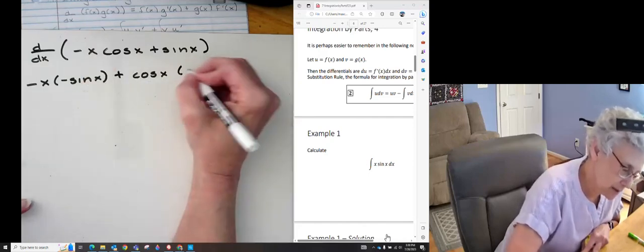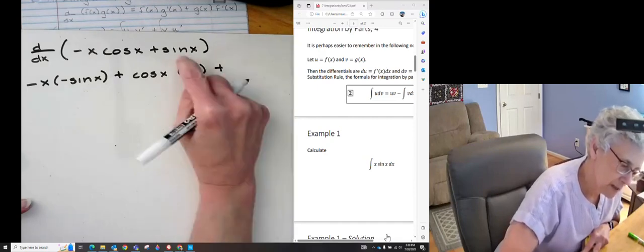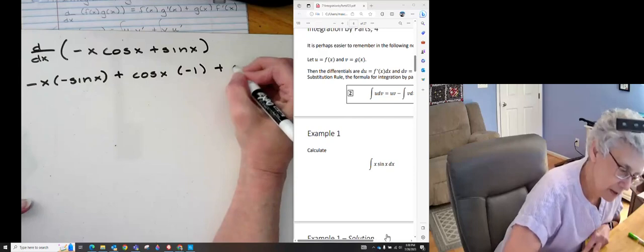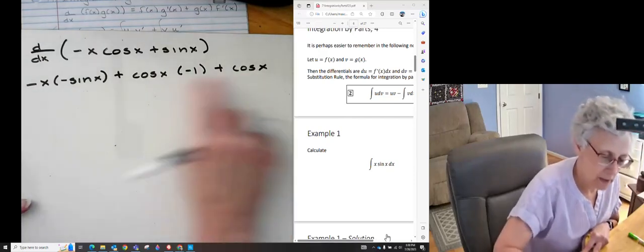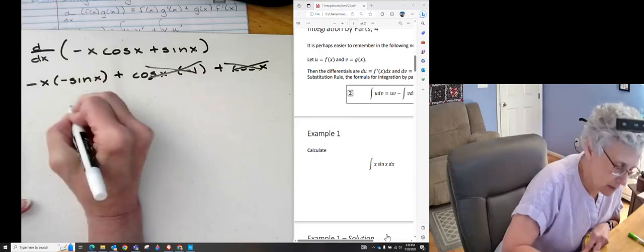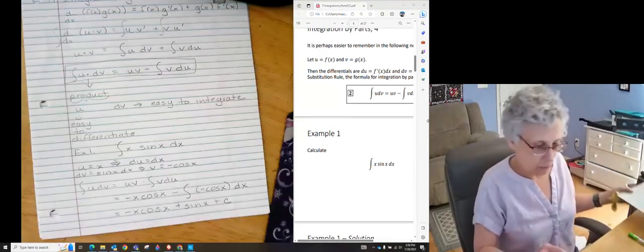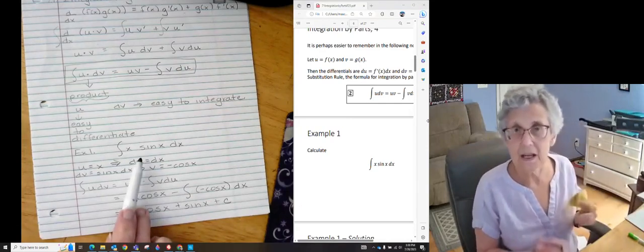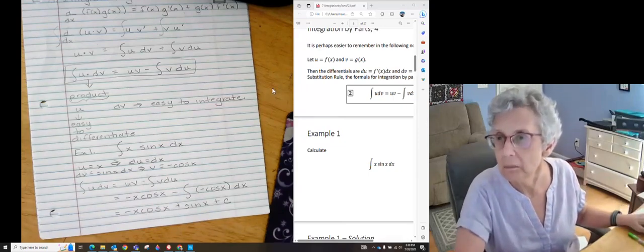Derivative of minus x is minus 1, plus the derivative of sine is cosine. So I have cosine x minus cosine x, and minus minus is x sine of x, which, oh, look at that. That's exactly what I started with. So, yeah, we did it right.